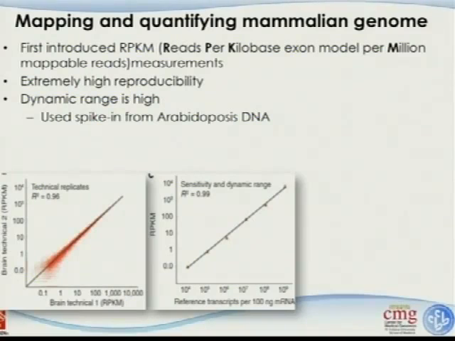Another piece of information that I think we need to take advantage of in this data is it gives a good estimation of how many reference transcripts are in the samples that you are identifying. So if you say, I have observed 1 RPKM, this gene is expressed at the level of 1 RPKM, that is equivalent to how many transcripts are in your sample.